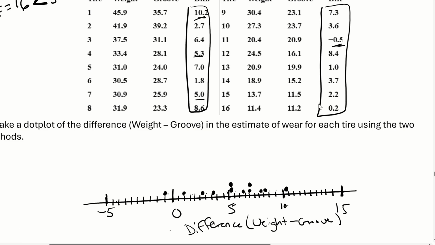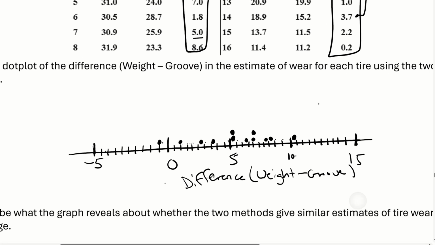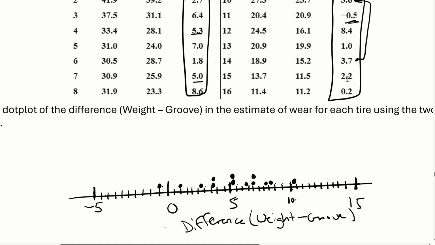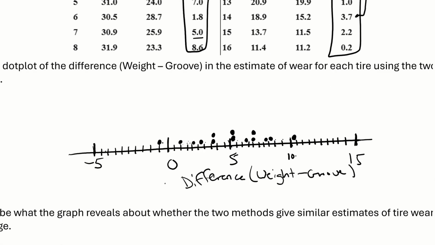So yeah, 3.6 and 3.7 belong in the same group because they're within 0.5, in the group 3.5 to 4. So we're going to stack these like that. And then we got 2.2, this is 2.2 over here, and then we got 0.2 just over here.